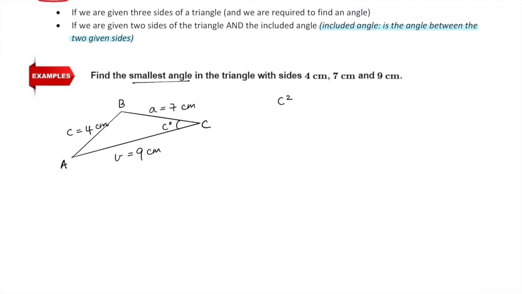or we're going to rearrange the rule c squared is equal to a squared plus b squared minus 2ab times cos of angle C. So we're actually going to rearrange that, and in doing that, what we're going to do is get C, the angle C, by itself.